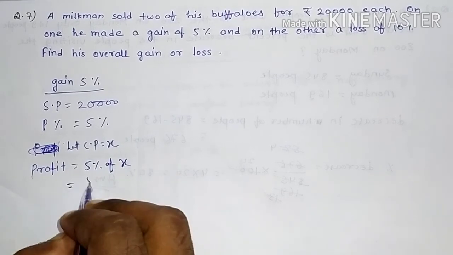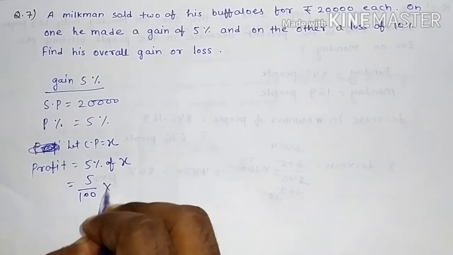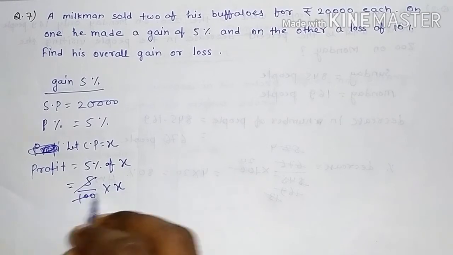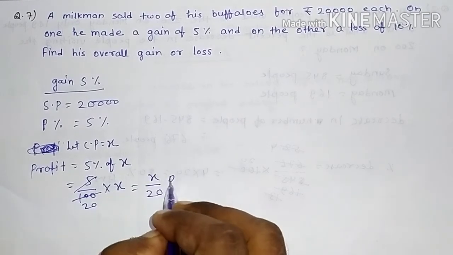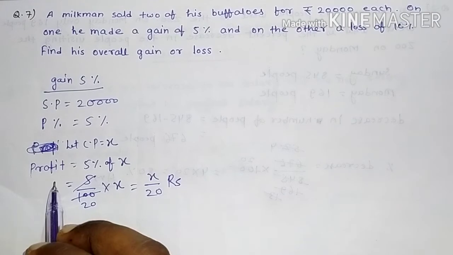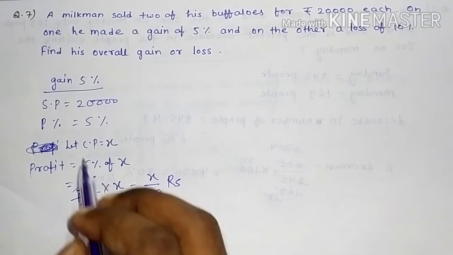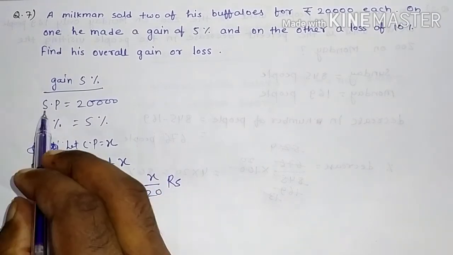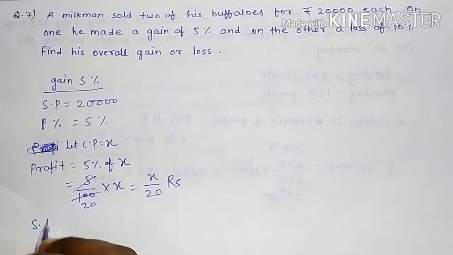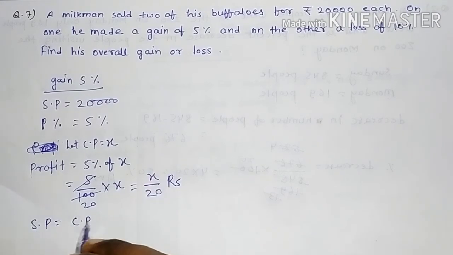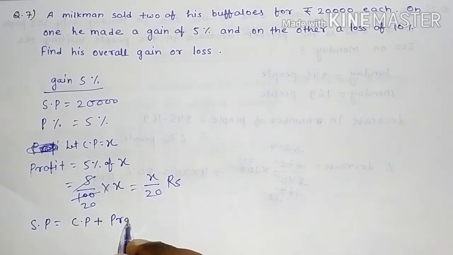This equals 5 upon 100 multiplied by X. So 5 twenties are 100, so it will be X upon 20 rupees. So the profit is X upon 20, CP will be X and SP equals 20,000. Now we know that SP equals CP plus profit. We know this formula.